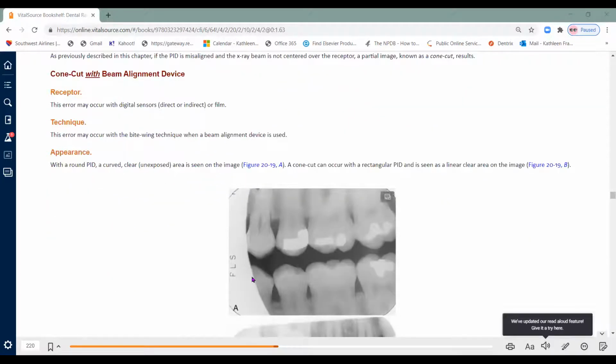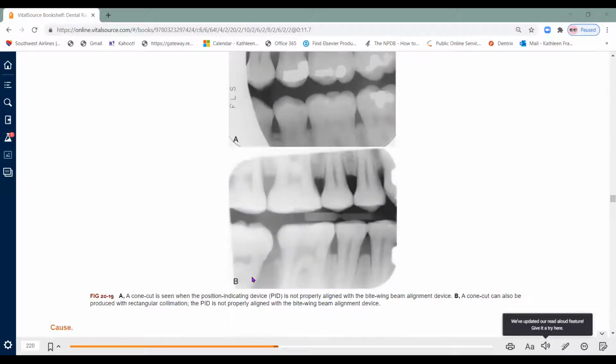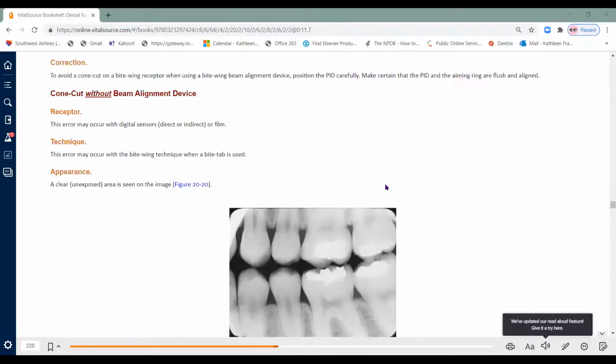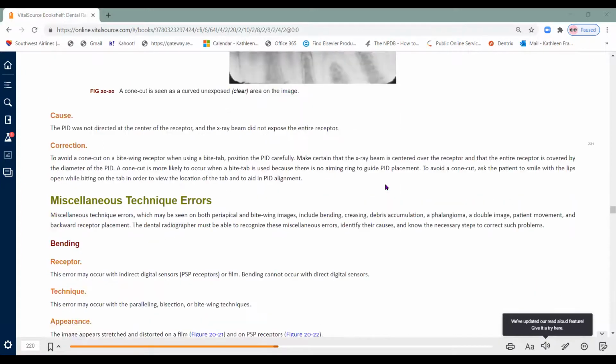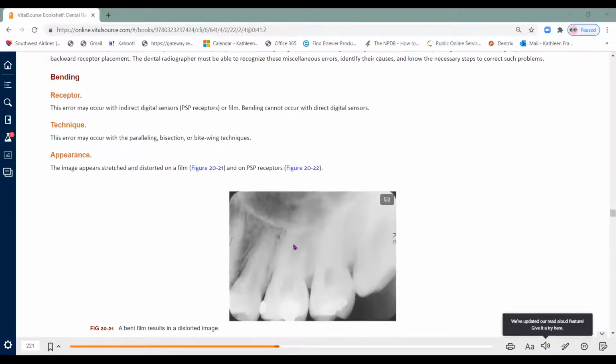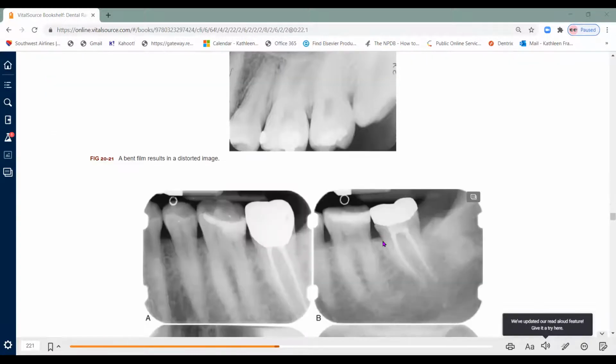Again, we have a cone cut. And I'm not quite sure, I guess this is a little cone cut. Okay, so I'm going to let you finish reading this over. So this is distortion. When the film bends on the palate, it was not placed far enough into the midline, you can see how this bends.